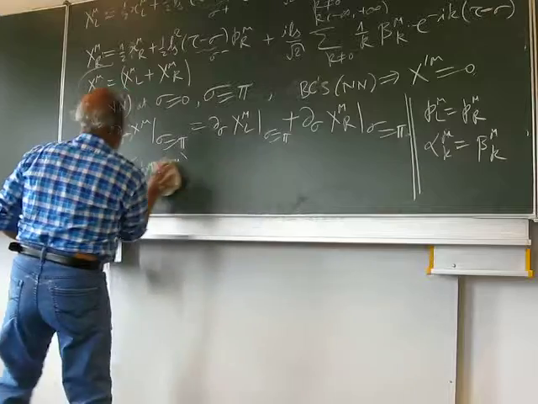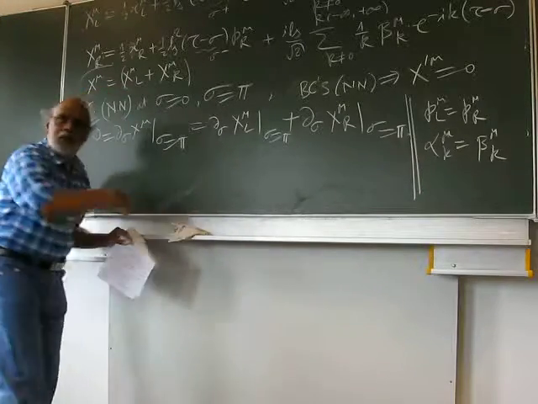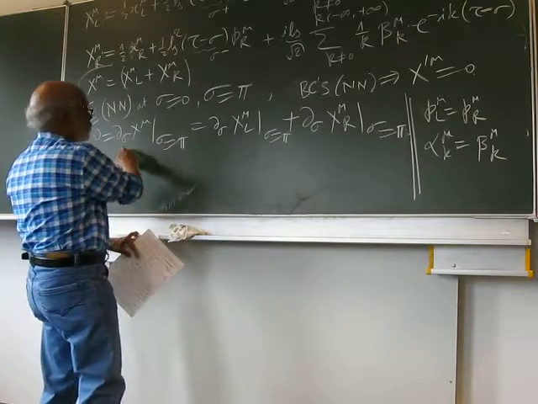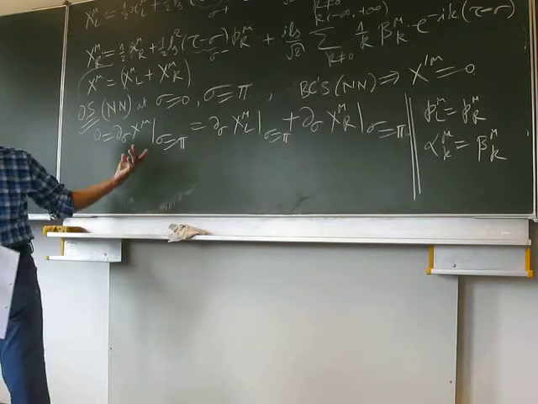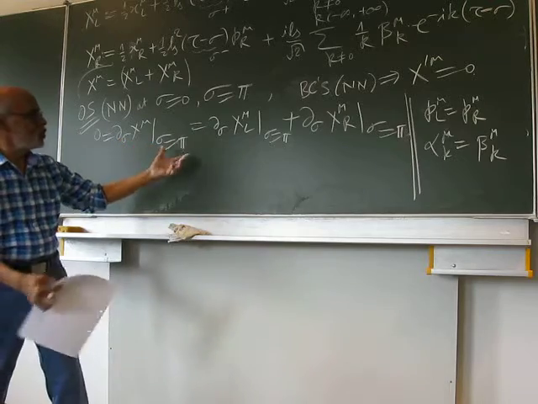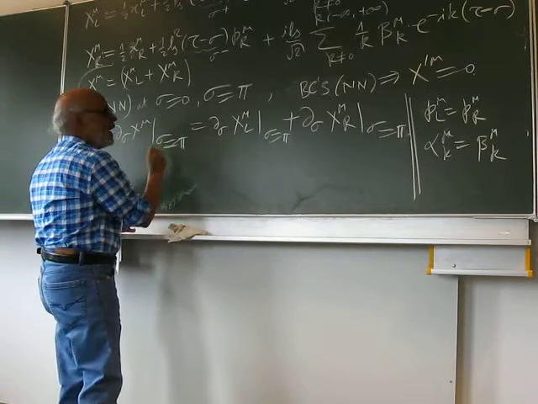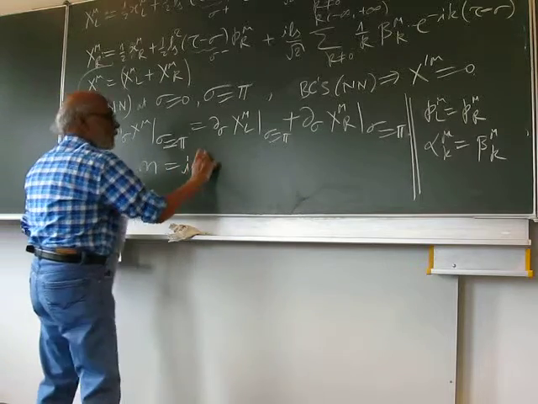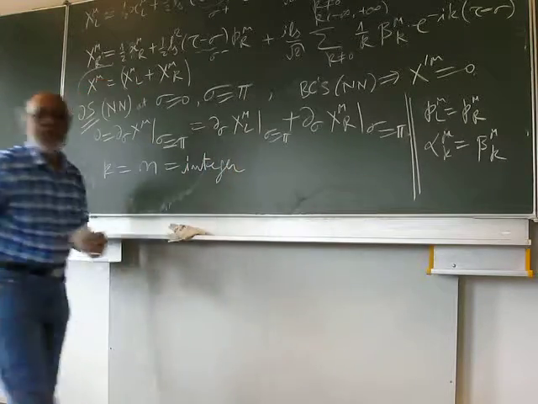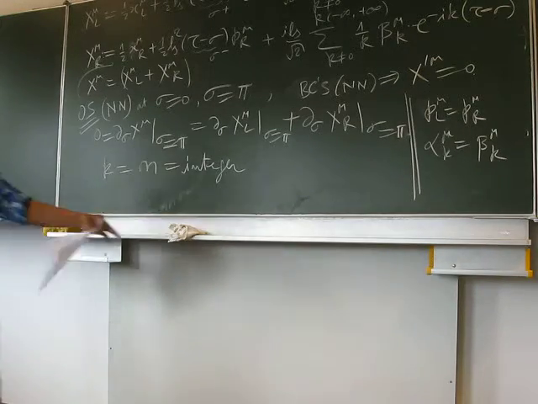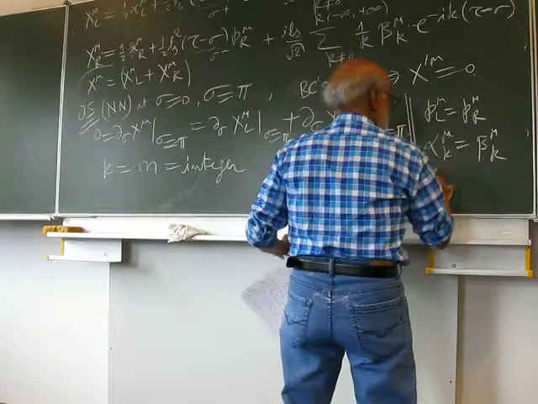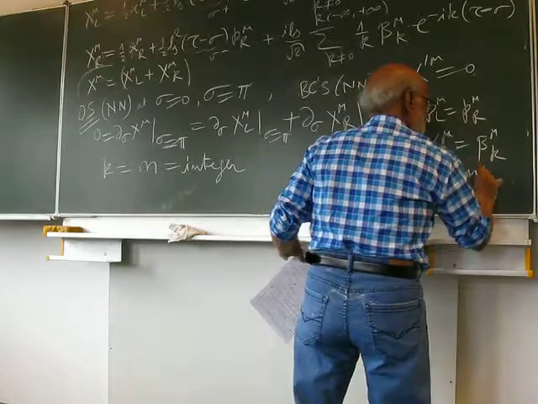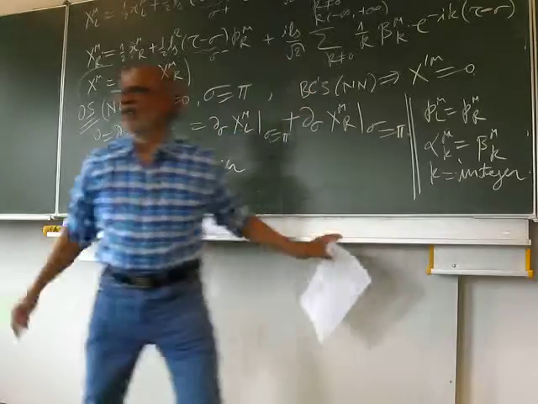And we again skip the mathematical details, and when you demand the space derivative of x mu to vanish at sigma equals to pi, then we arrive at k equal to n, an integer. That is the only outcome. So k equals maybe n or whatever, but k is an integer. Okay, that is the outcome.